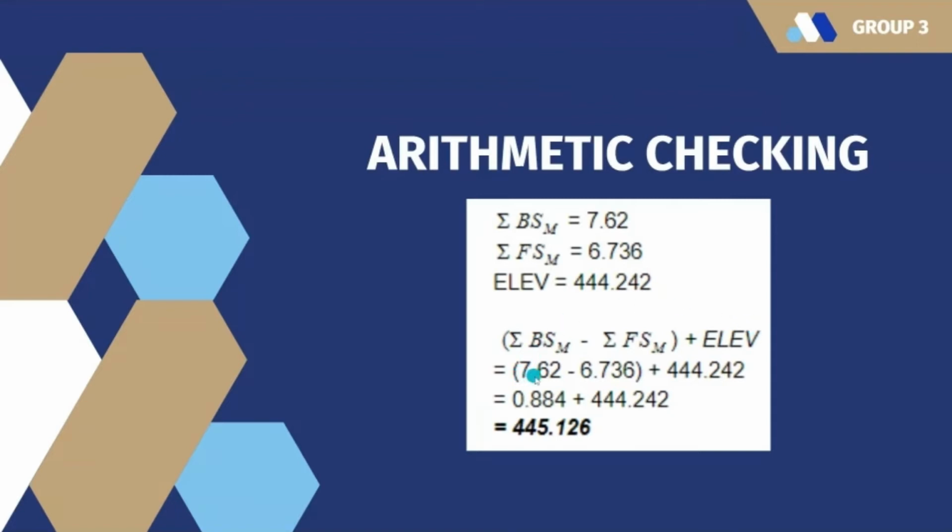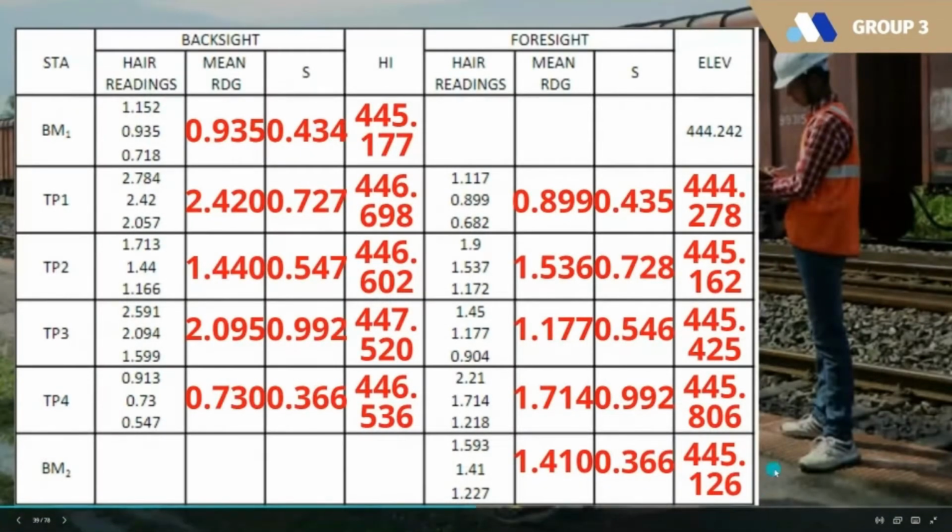So 7.62 minus 6.736, we have 0.884. Add it to the given elevation, which is 444.242, and the result is 445.126. And we're going to compare it to the elevation we were able to get in the field note. So the last elevation is 445.126. That means our computations are accurate.